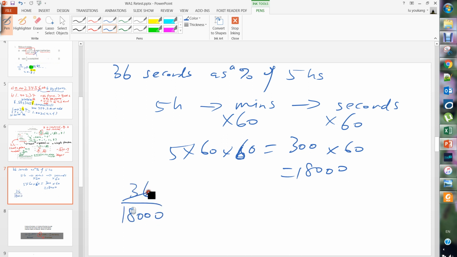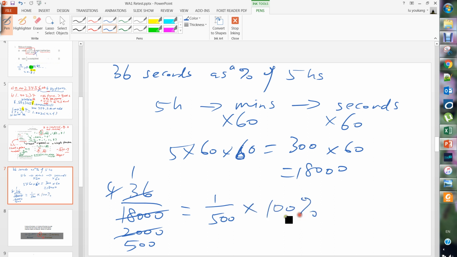So what do you do? You divide by 9 first. Then you get 4. You divide by 9, you get 2000, right? And then you divide by 4. You get 1. You divide by 4, you get 500. So this is the fraction, right? And then of course just times 100%. Then all you need to do is just punch the calculator.